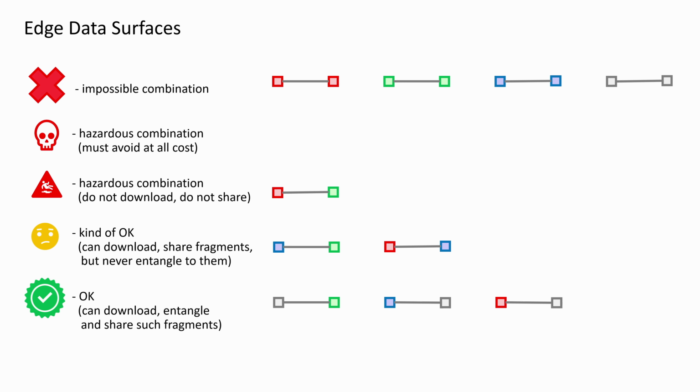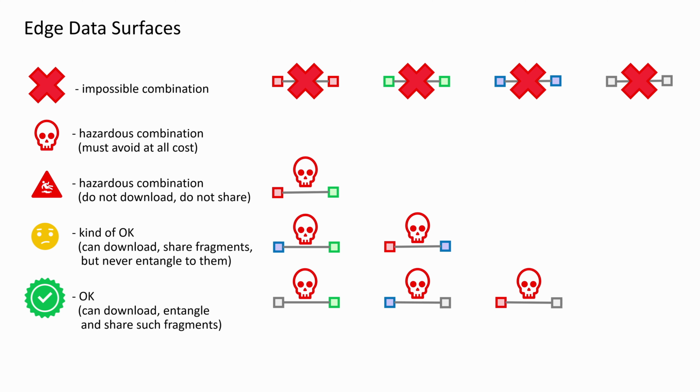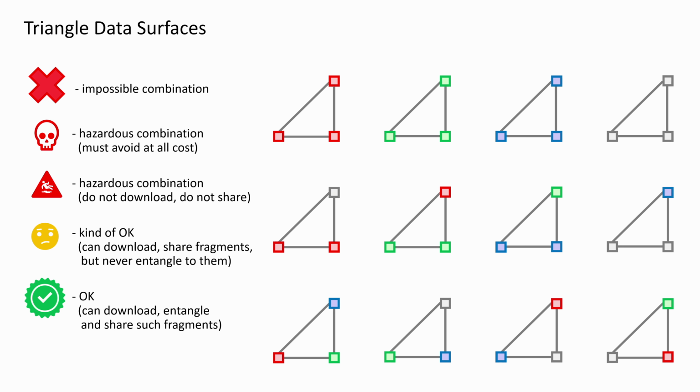Everybody can see it is impossible to create a meaningful data surface by combining 2 fragments of the same color. On the other hand, it is possible to create an edge data surface composed of 2 fragments of different colors. Such data surfaces should not be shared and must not be used for entanglement. Next, we have a triangular data surface.